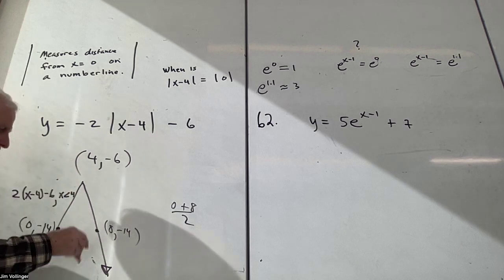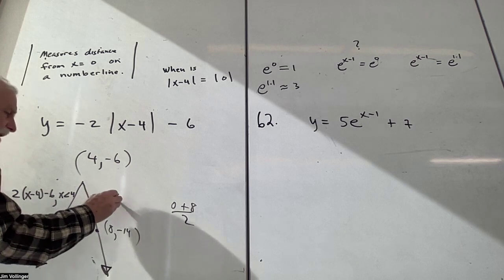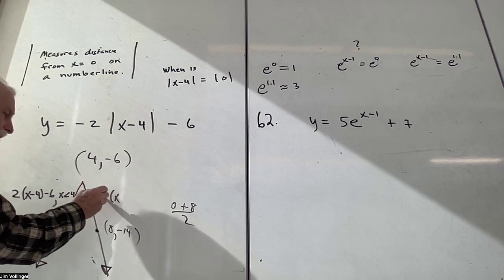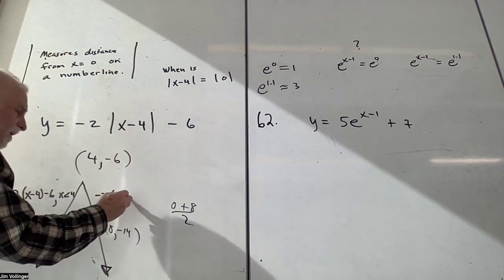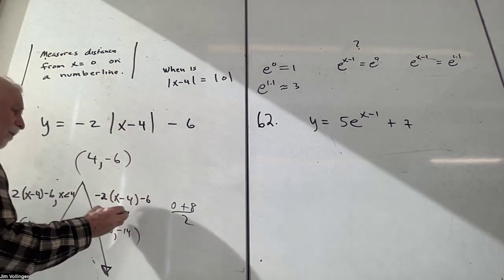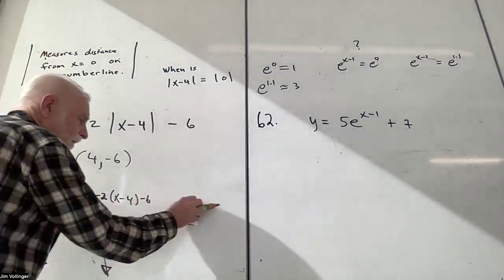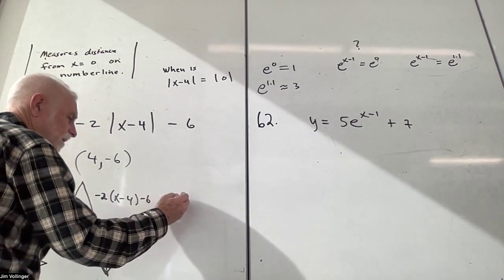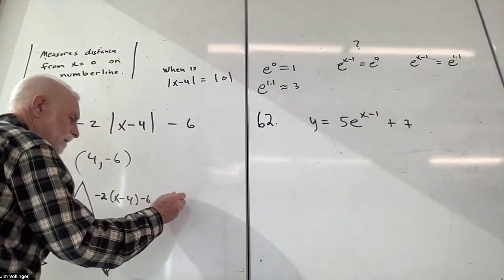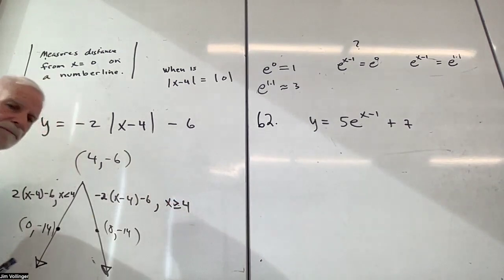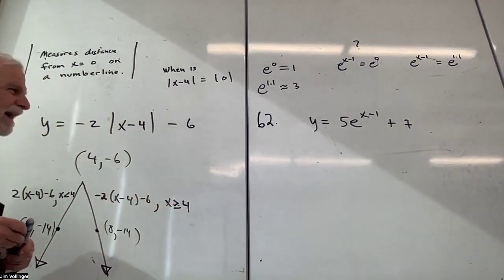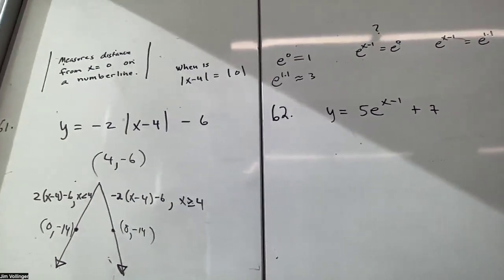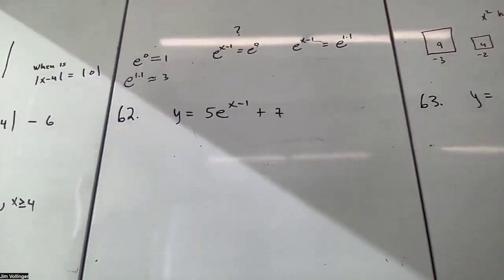And I'm going down: -2 times (x - 4) - 6 for x's that are greater than or equal to 4. I've got to start actually thinking about what I'm looking at rather than just talking mindlessly. So there you go. That's how you sketch that, and that's how you can work with that equation. You can work with the branches.